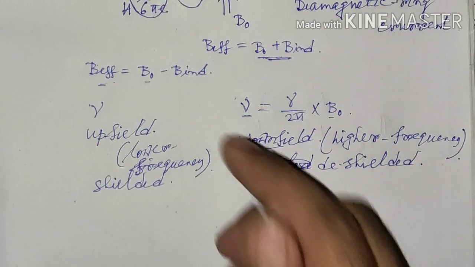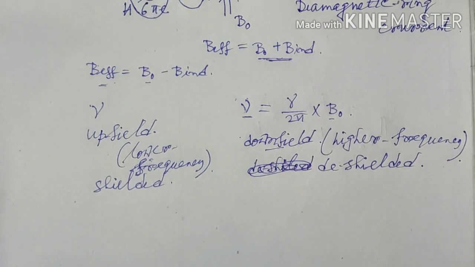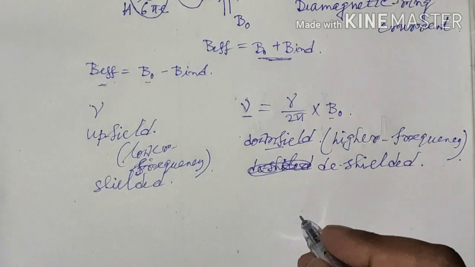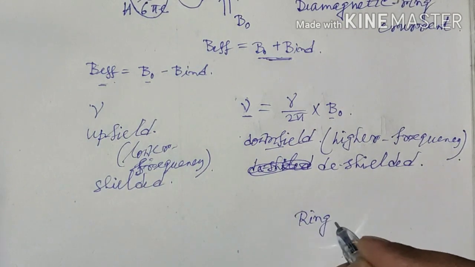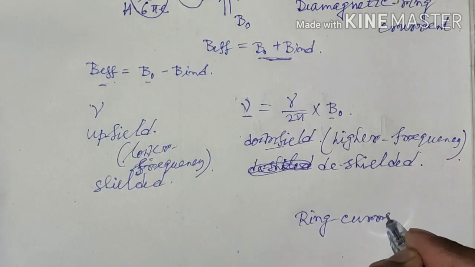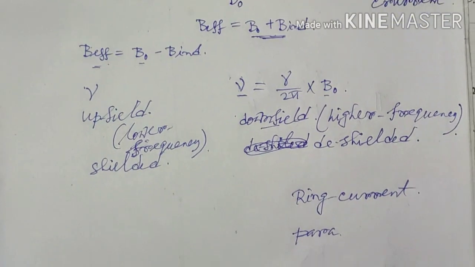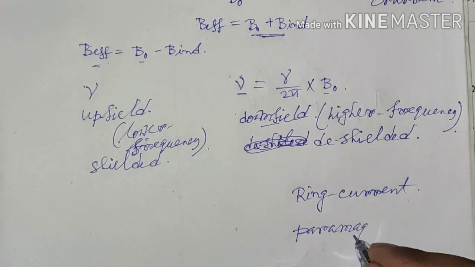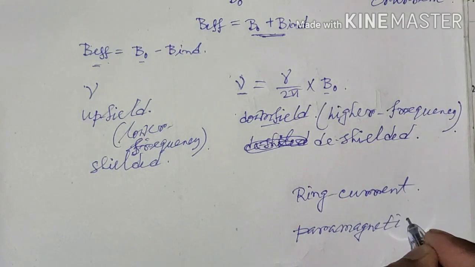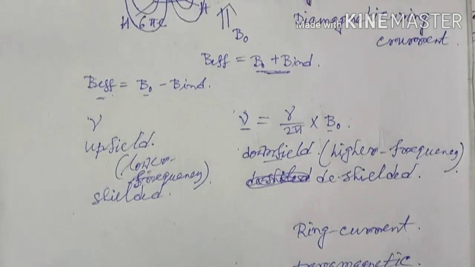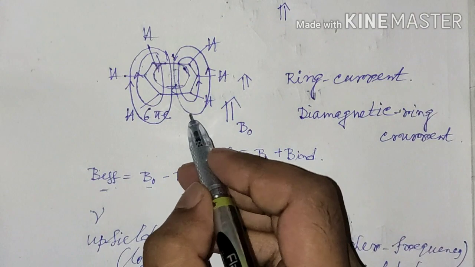If the compound is anti-aromatic, then the ring current induced will be a paramagnetic ring current, and the effect will be just the reverse of the aromatic case.